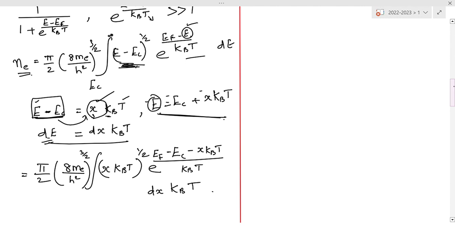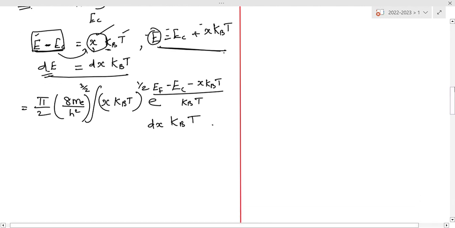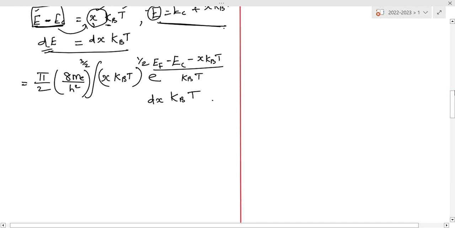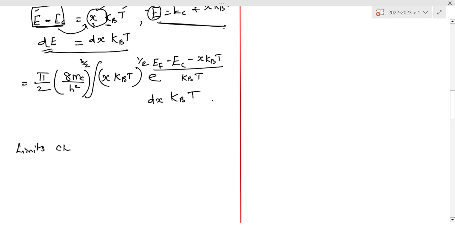So now the limits will also be changing from the limits of E to limits of x. For energy levels, the lower limit is EC in the conduction band, and the upper limit is infinity in the conduction band.